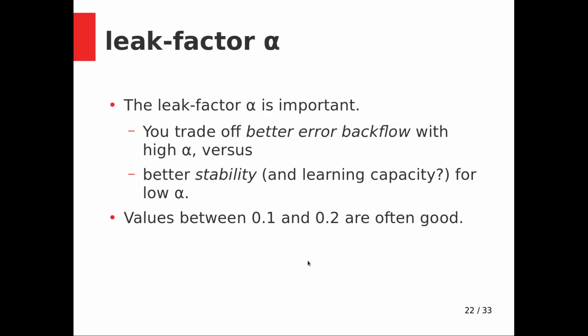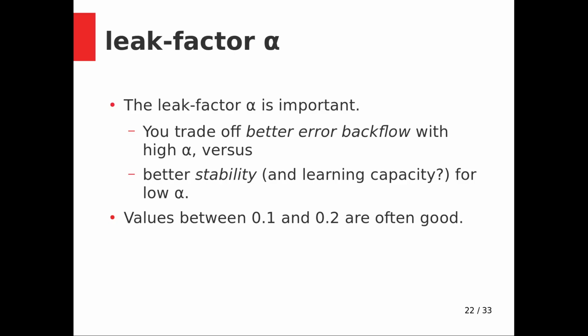So that leak factor alpha is important, right? With very large alpha, you get better error backflow, but you also lose some nonlinearity. As alpha goes up, you are going to get, in theory, better error backflow, but you'll also be approaching not having a nonlinearity.